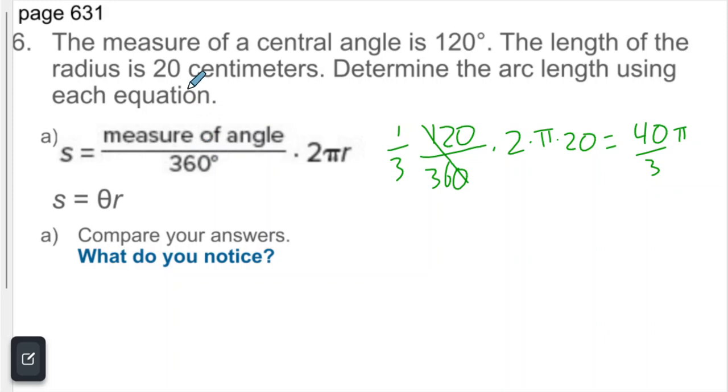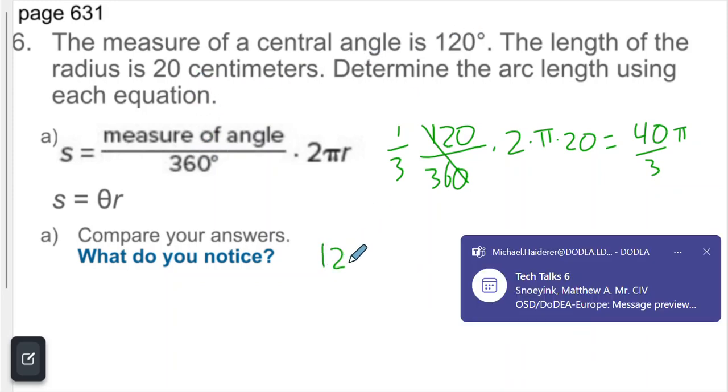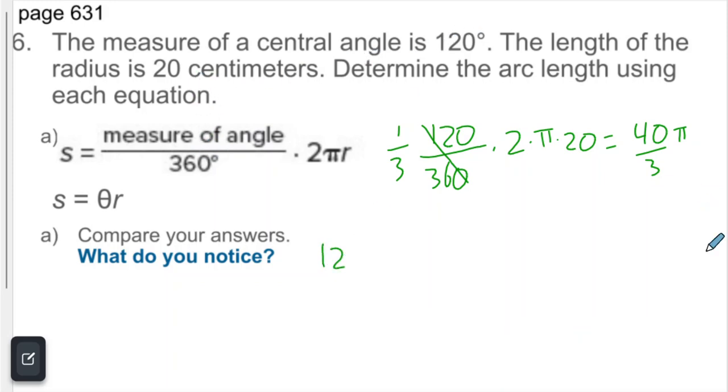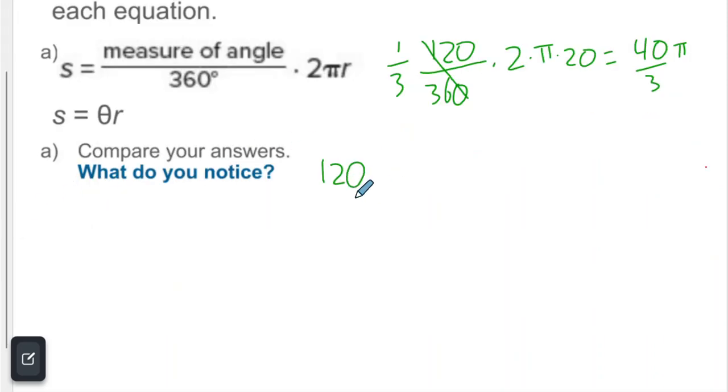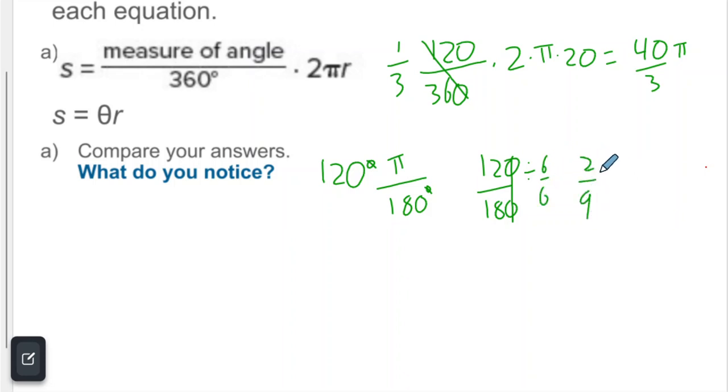Now, I want to convert 120 degrees into radians first. So I'm going to divide by 180 degrees, times pi. The degrees cancel, and I get 120 over 180. Zeros cancel. I can then divide by 6, and I get 2 over 3 pi.